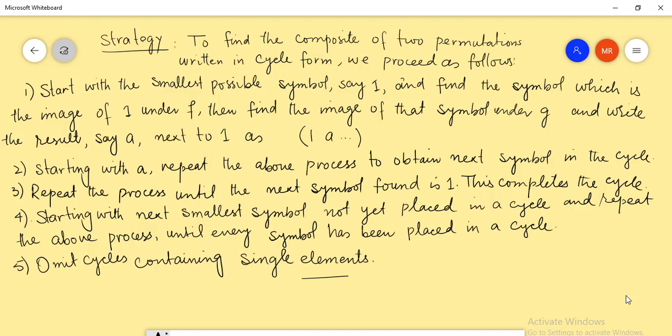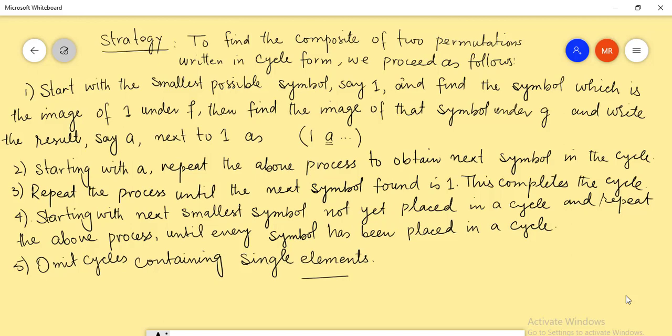This process can be summarized as in this strategy. To find the composite of two permutations written in cycle form, we proceed as follows. We start with the smallest possible symbol, say 1, and find the symbol which is the image of 1 under F. And then we find the image of that symbol under G and write the result, say A, next to 1, as 1 A. Then we start with symbol A and repeat the above process.